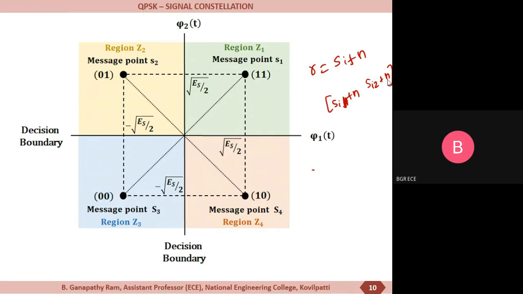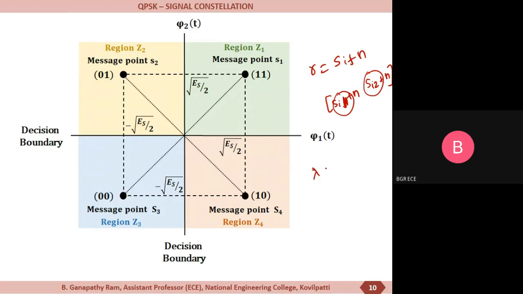So there is a possibility of it existing between minus square root of Es by 2 to plus square root of Es by 2 in the x-axis, as well as in the y-axis also.